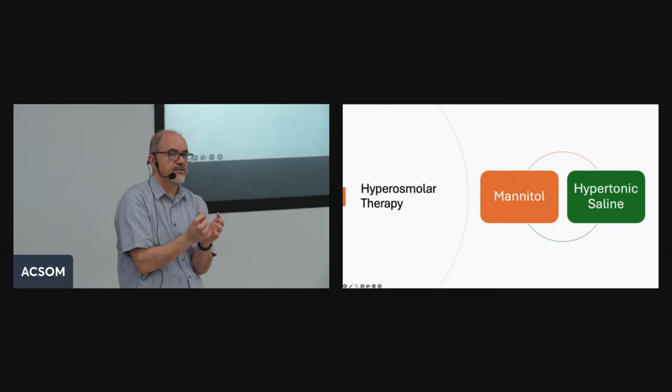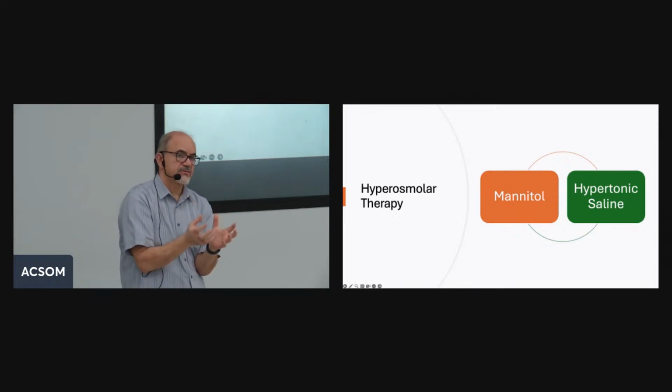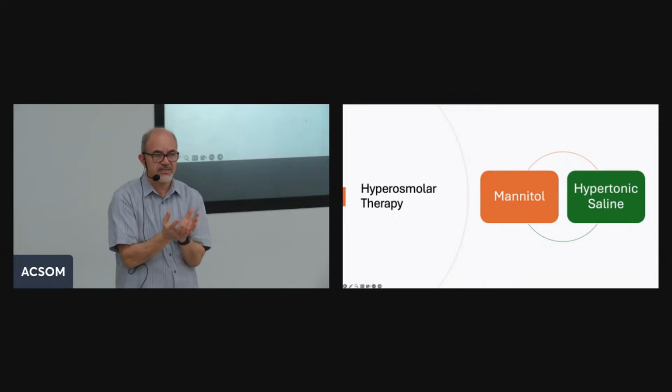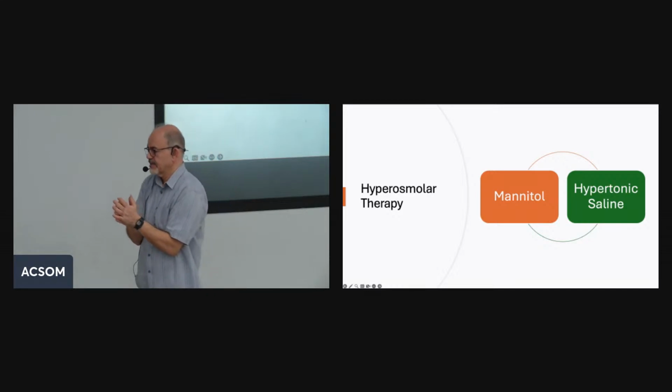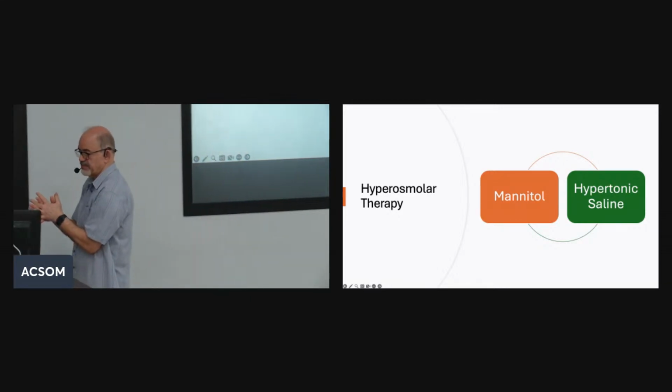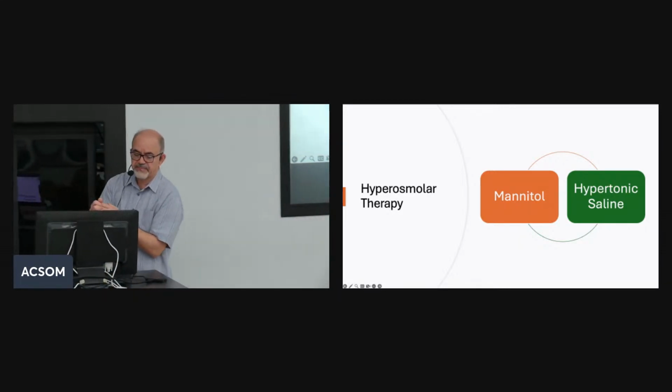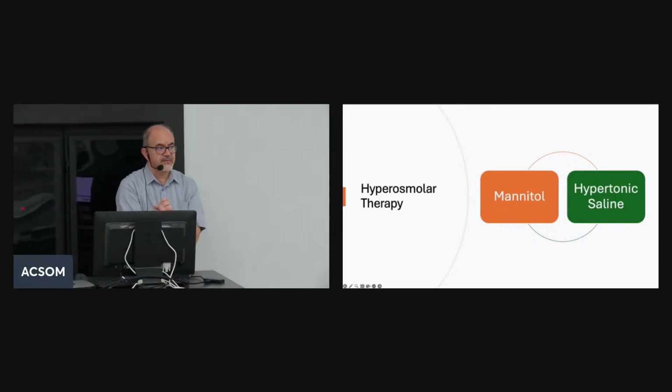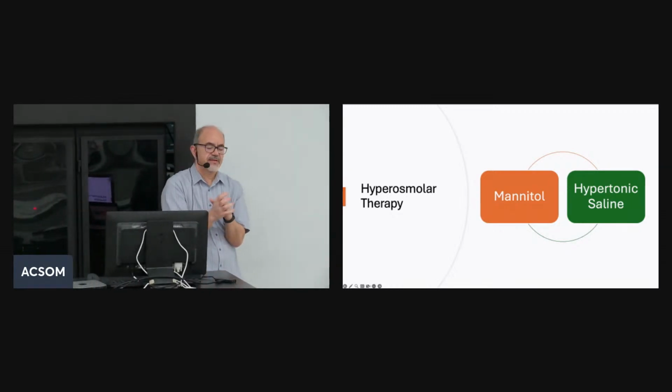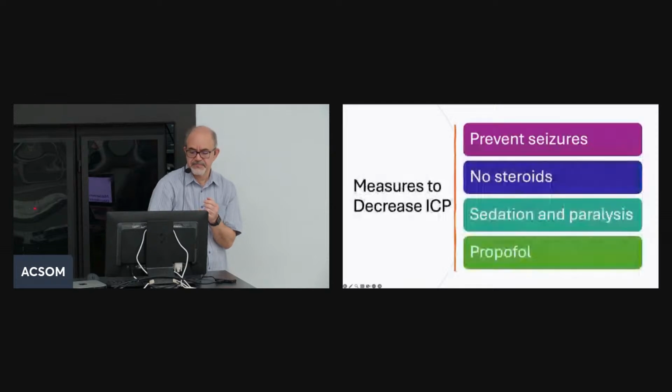When you get that fluid into the vessels from the tissue, it reduces the swelling and it buys you some time. Sometimes when the ICP is high, giving this is very important. There have been tons of studies comparing mannitol to hypertonic saline, and the jury is still out on which one is better. Whatever you have, you can use.